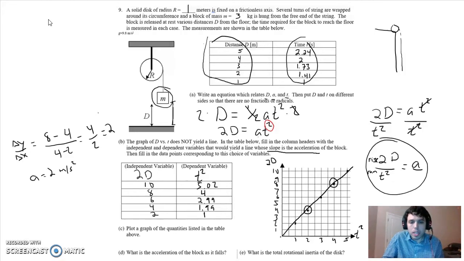Then part E says, what is the total rotational inertia of the disk? Well, for Newton's second law, the net force equals mass times acceleration, and we're going to replace it with our rotational equivalent. So the net torque equals the rotational inertia times the angular acceleration.